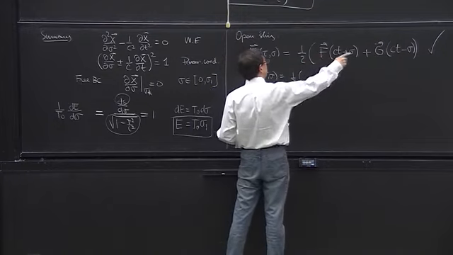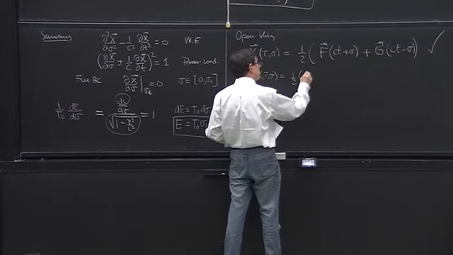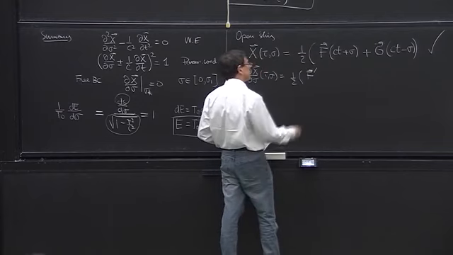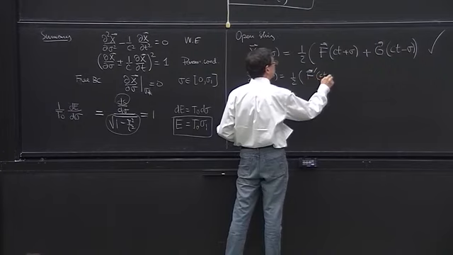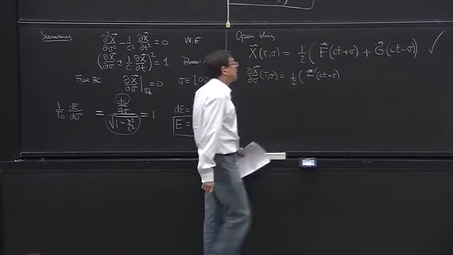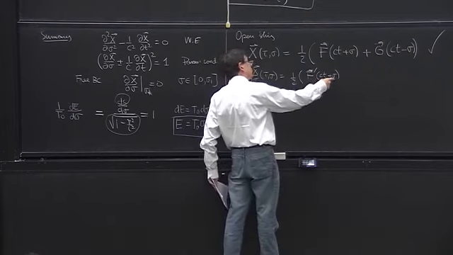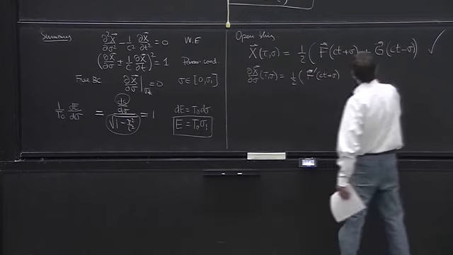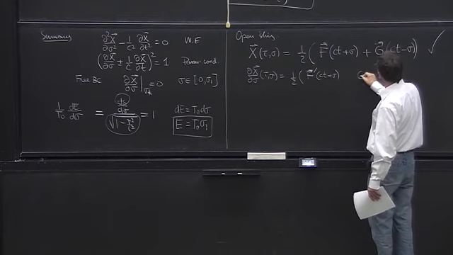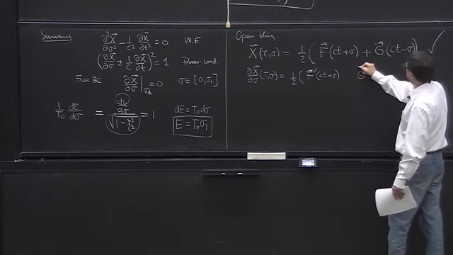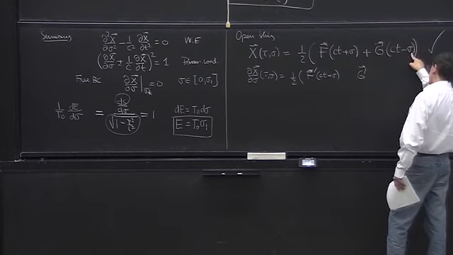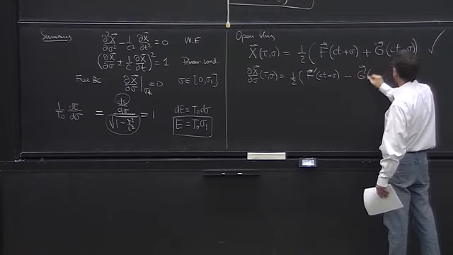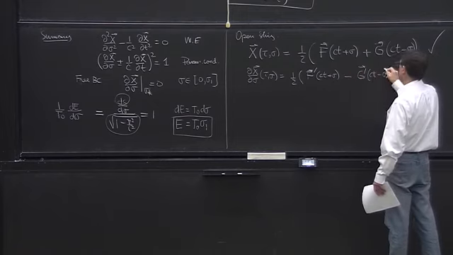You want to differentiate with respect to sigma. So we use this notation f vector prime, which means derivative with respect to the argument ct plus sigma. And you differentiate the argument with respect to sigma, but that gives you 1. And then g prime, which is derivative with respect to the argument, and the derivative of the argument with respect to sigma gives me a minus, of ct minus sigma.